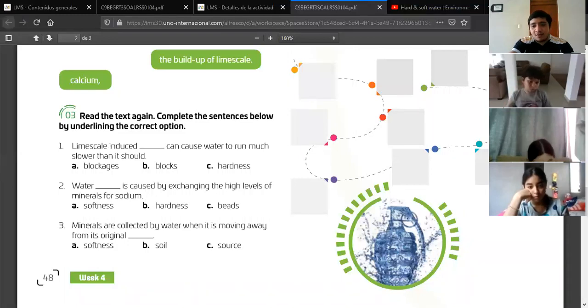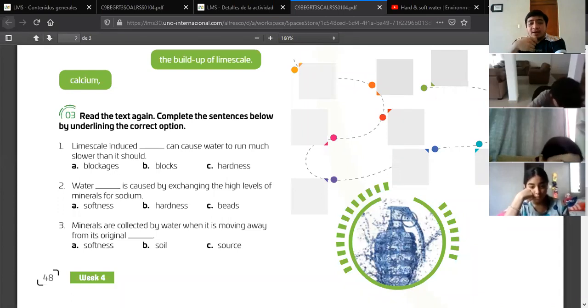Blockages is number 1. Okay, then we have number 2. Anna, can you help me with number 2? I am going to read and you need to choose one option. It says water blank is caused by exchanging the high levels of minerals for sodium: softness, hardness, or beats.